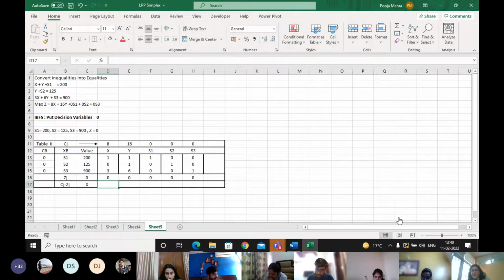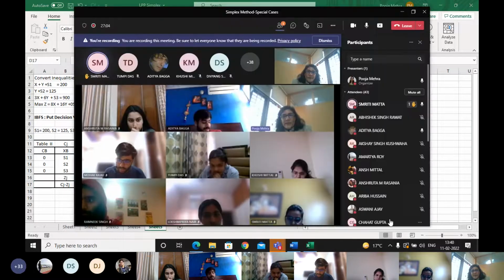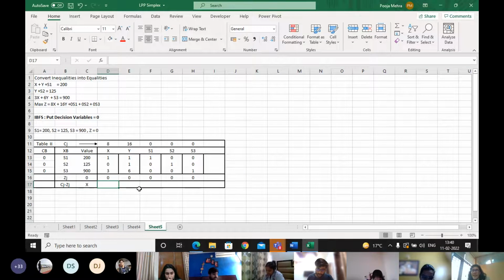Yes, Smriti. Calculate Zj minus Cj and decide about the key. Check the optimality criteria. Okay, ma'am. Tell me so that I'll do it with you. Ma'am, Zj will be 0 0 0.